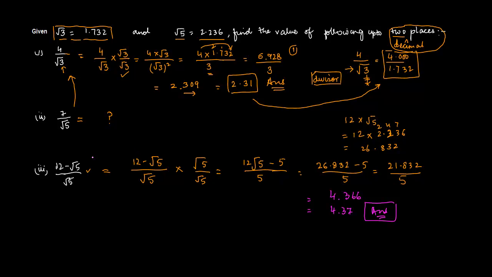So the trick is simple. Remove the square root from the denominator, the reason being that if you have these in the denominator, division is much more difficult. Once you remove it, do the multiplication applying these values, and then you can carry out the simple division. Right?